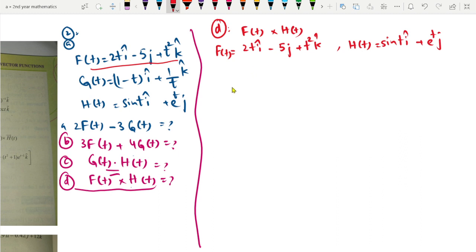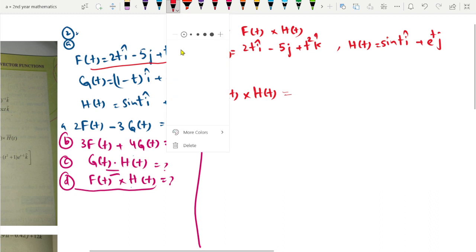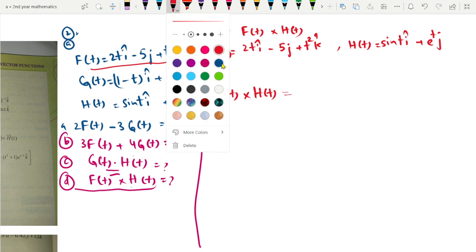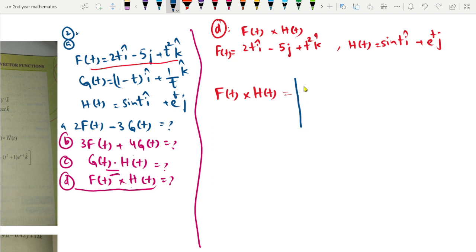So for this, f of t into h of t will become the determinant with rows i, j and k. Here you write 2t, minus 5 and t square. Here you write sine of t, e power t, and 0.